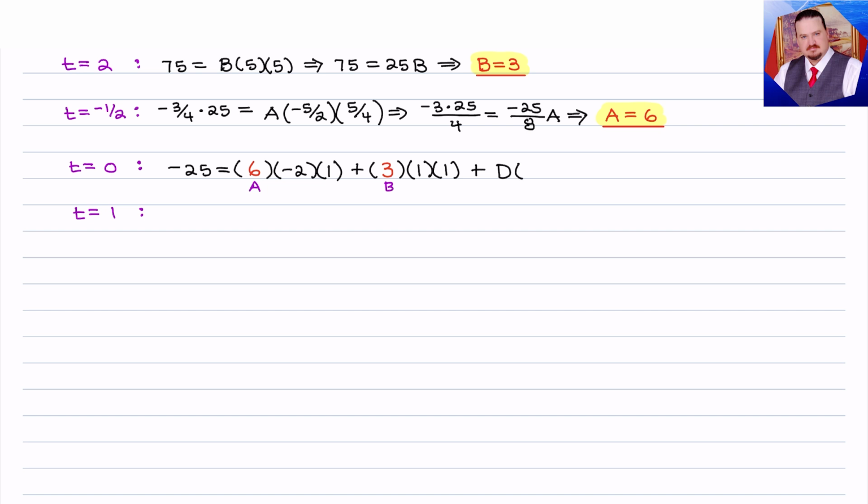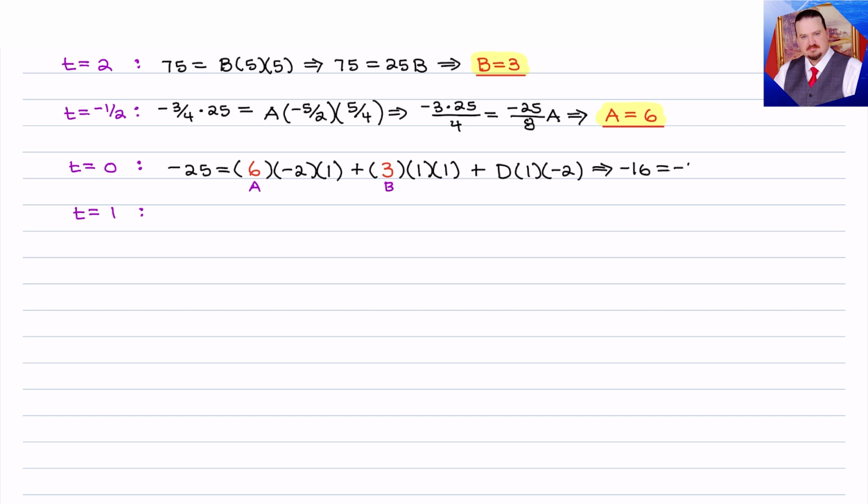And 2 times 0 plus 1 is 1 again, and then 0 minus 2 is negative 2. Okay, so let's see what we have. This is negative 12 plus 3, that's negative 9. Let's add 9 to both sides. So negative 25 plus 9 is negative 16.